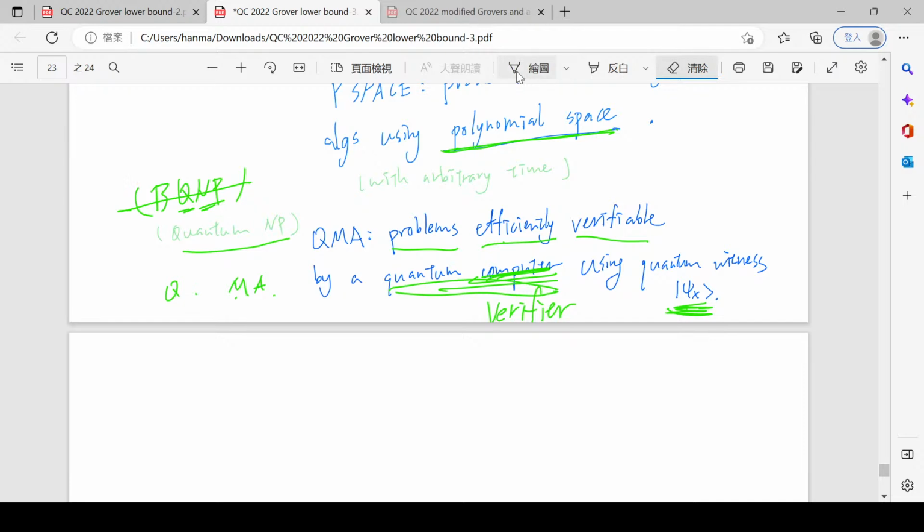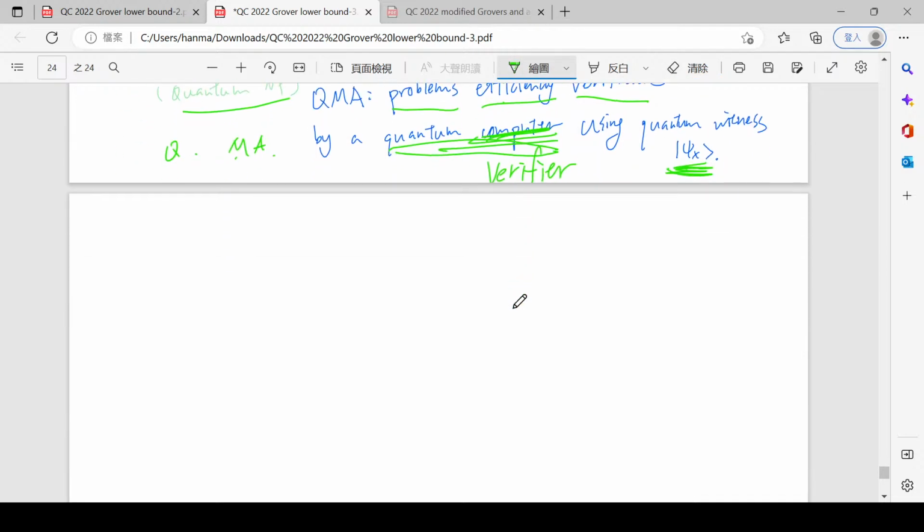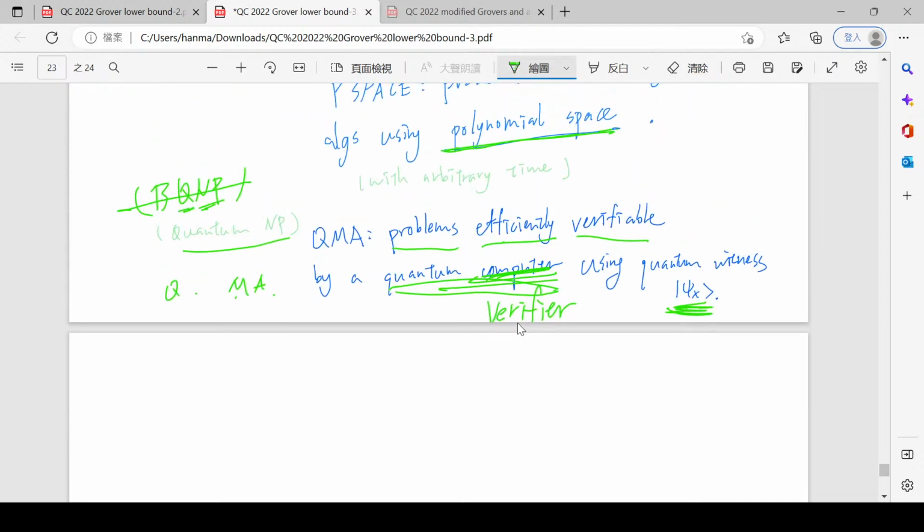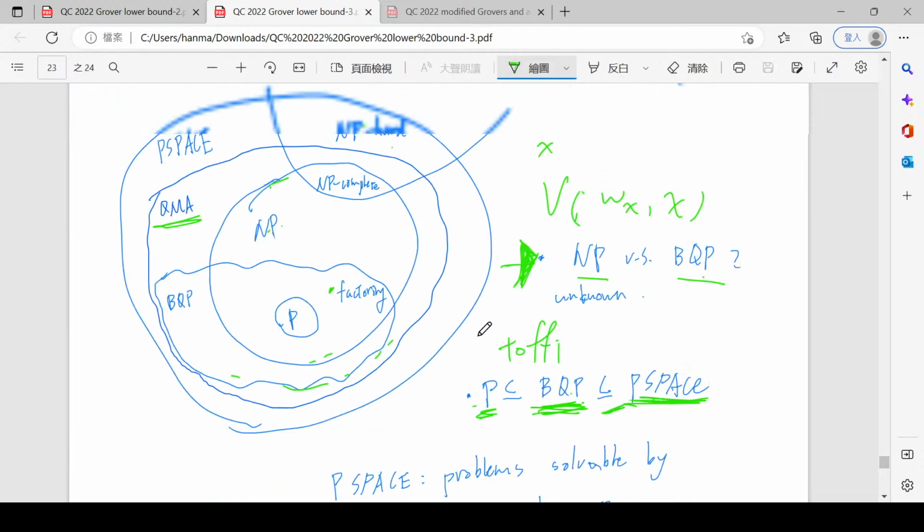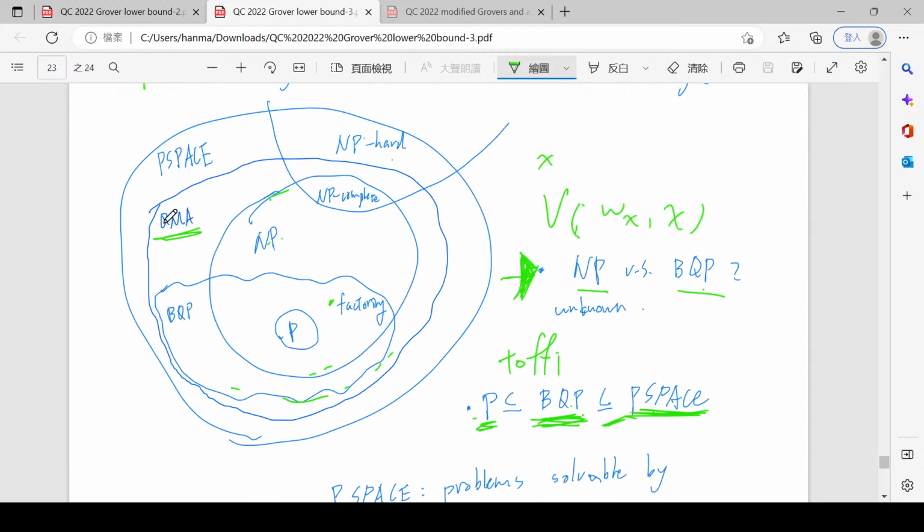Okay, so anyway, that's the end of this slide. Any questions? Yeah, a short complexity review. We didn't say where QMA is, and QMA is here. Just like NP is bigger than P, QMA, well, we don't really know it's bigger than BQP because proving separation is hard, but we know BQP is inside QMA.